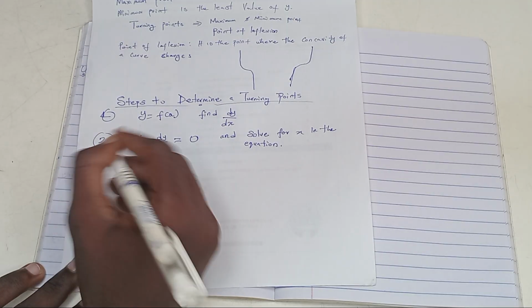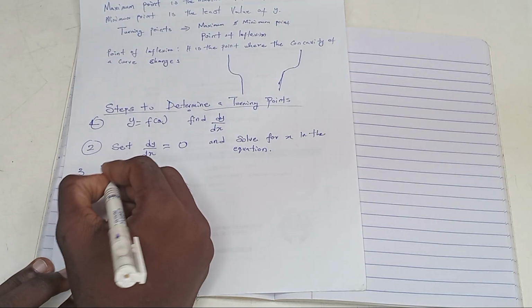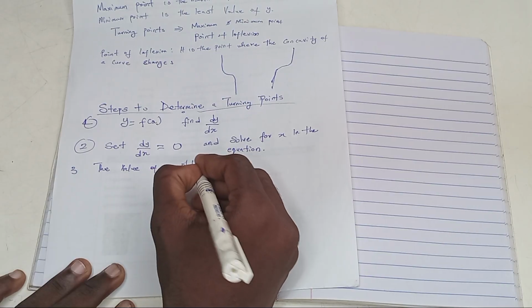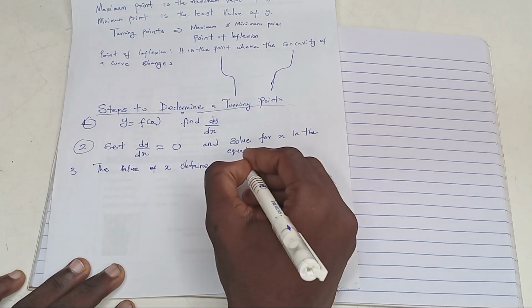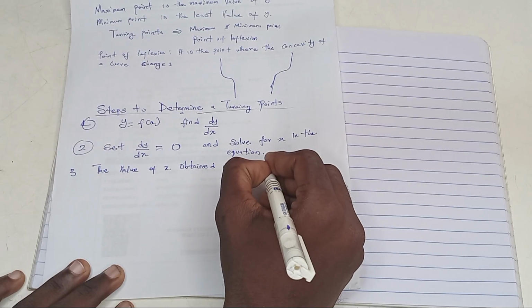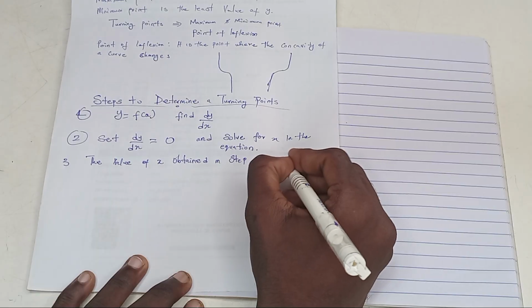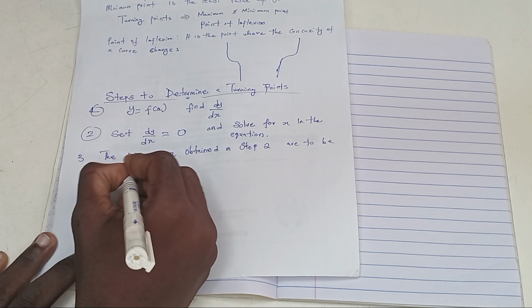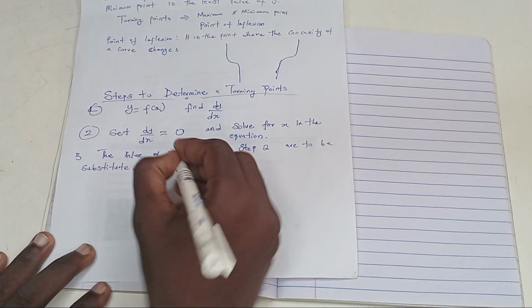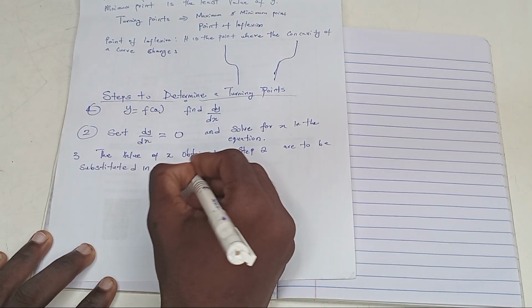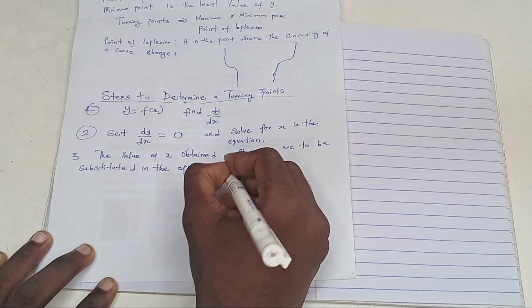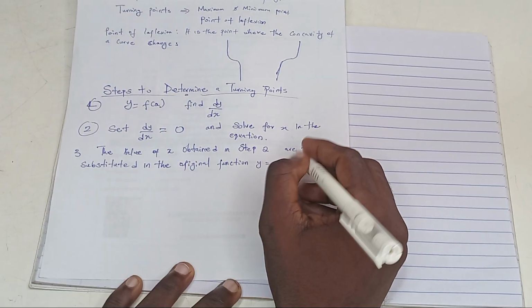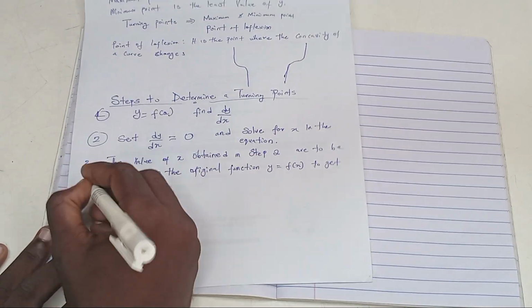Number 3, the values of x obtained in step 2 are to be substituted in the original function y equals f(x) to get the variable y.